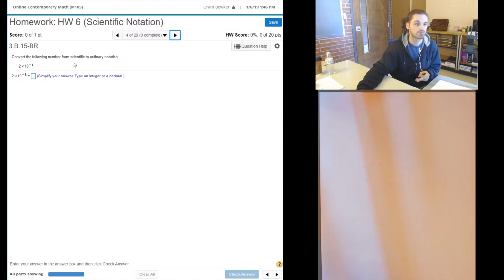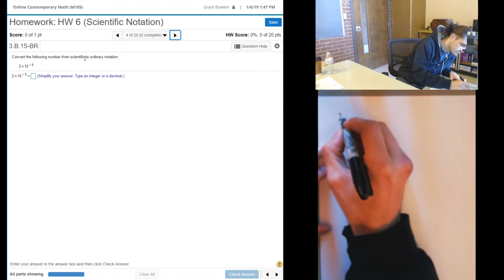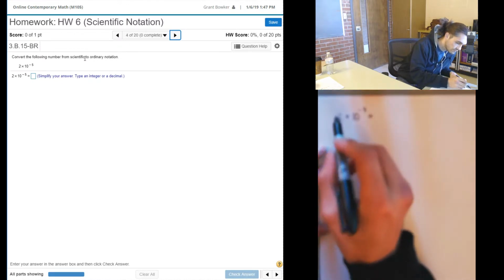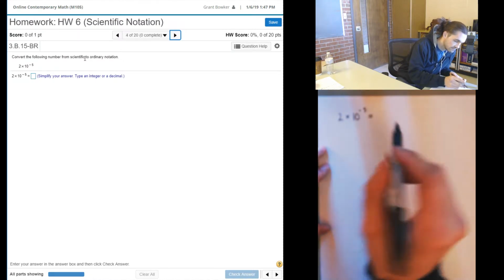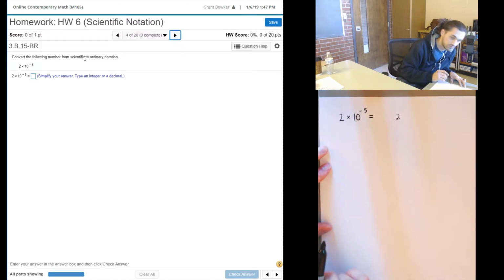So let's go ahead and convert the following number from scientific notation to ordinary notation. So 2 times 10 to the negative 5. Well, essentially what we have here is the number 2.